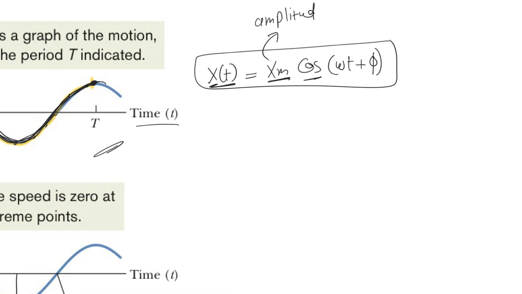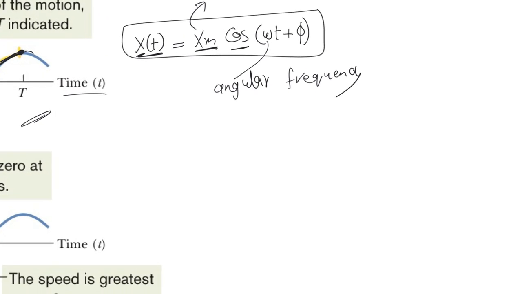Here, the cosine, and here this is the angular frequency. So what is the angular frequency? Angular frequency, or the angular speed or velocity. What does this term mean? The angular frequency is the change of the theta, or the angle, over a period of time.